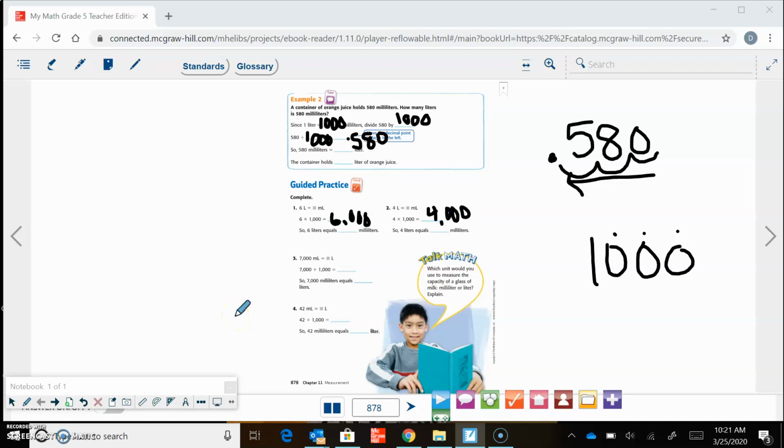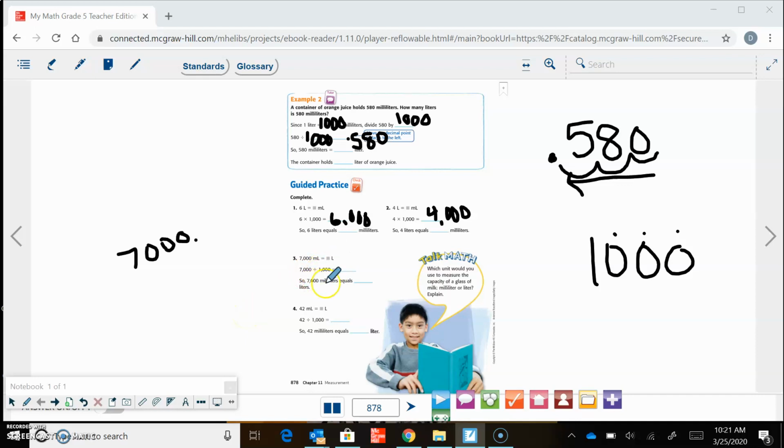Okay. Number 3, 7,000 milliliters is how many liters? On this one, we're going fly to horse, divide, of course. So for this one, I'm going to write out 7,000. We assume our decimal point is at the end if you don't see it anywhere else.